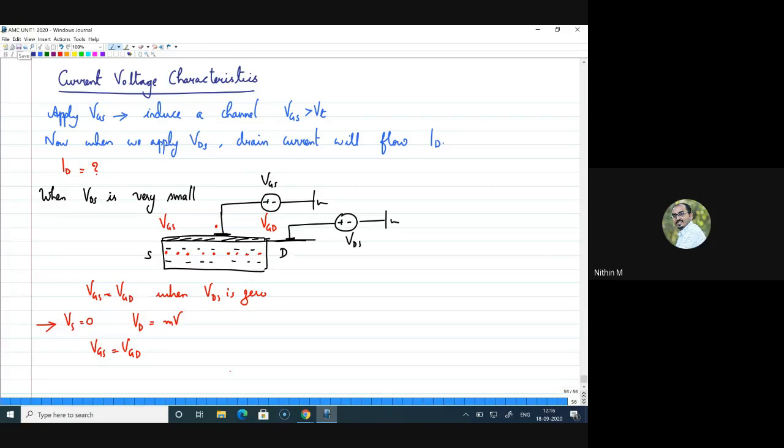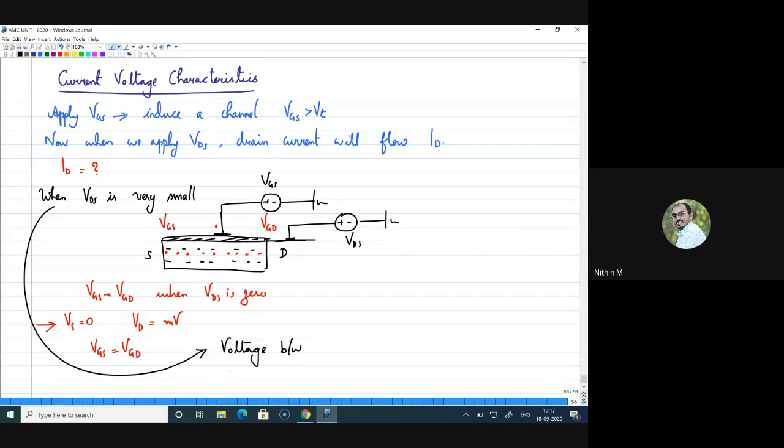I'll just write it here. When your VDS is small, the point I'm making is the voltage between gate and various points along the channel remains constant. What I'm going to discuss now is what you already know. We are expressing using analytical expressions, and also we are looking at the same thing in a graphical way.